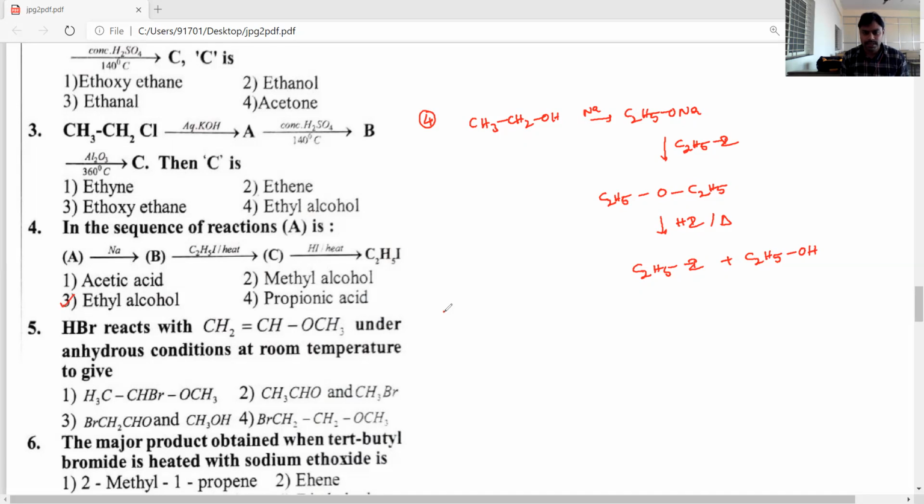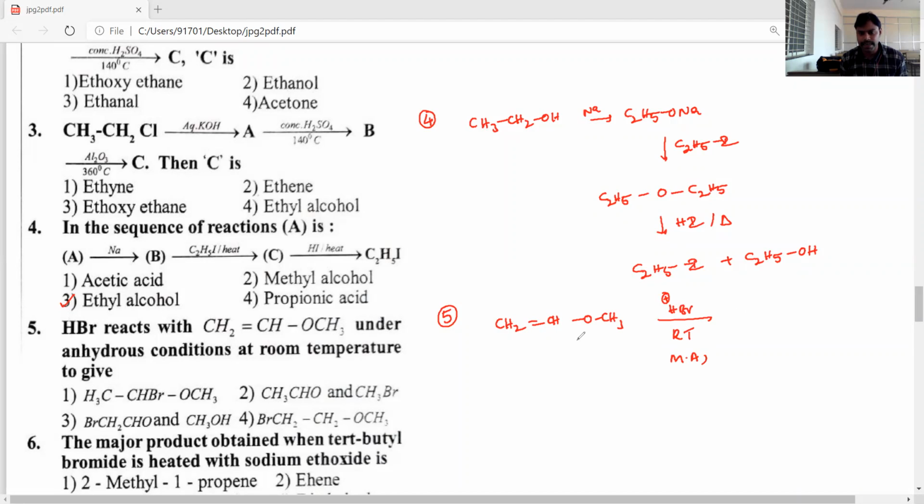Okay, the fifth question is very important, dear students. CH2=CH-OCH3 upon addition of HBr at room temperature. Room temperature means the addition takes place according to Markovnikov's rule.